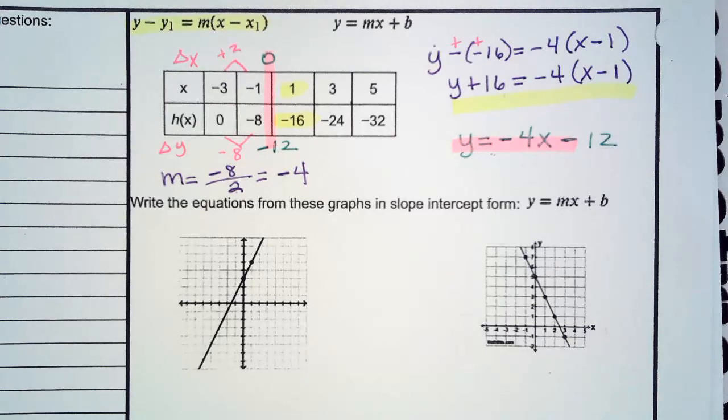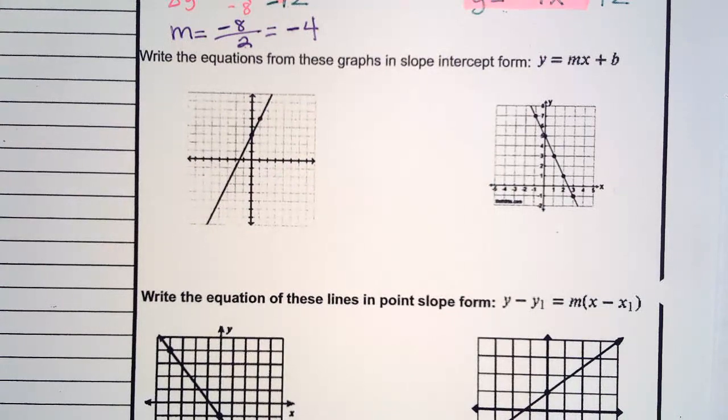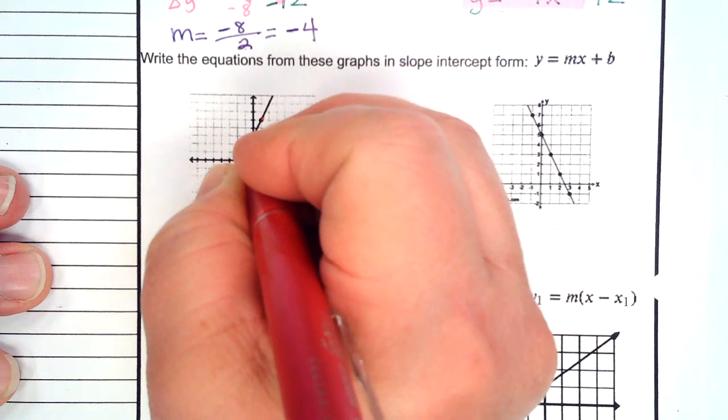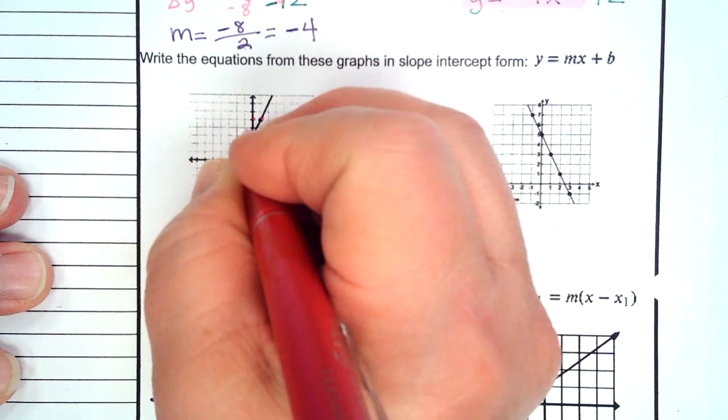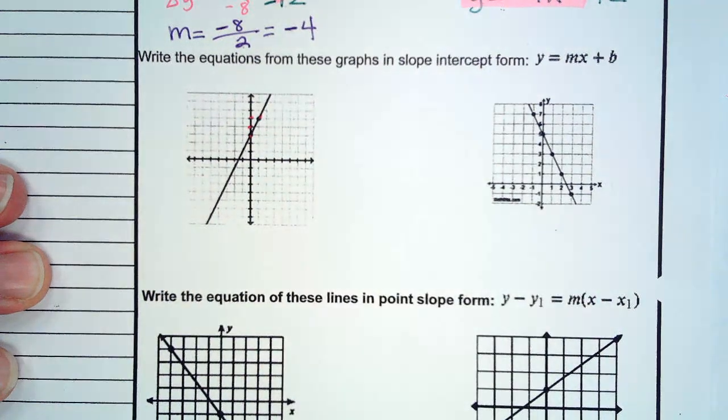When we're looking at graphs, we normally will look at the slope-intercept form. So the first thing you still have to do is to find that slope. So if I'm looking, I've got these 2 points identified. So I'm going up 1, 2, I'm going right 1.